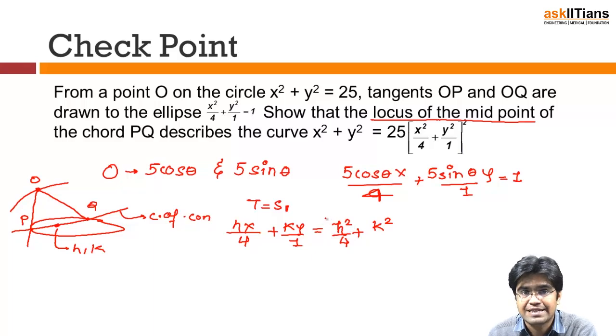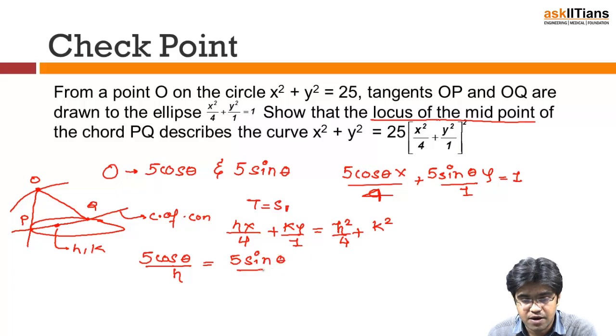Upon comparison, I can write 5 cos theta by h equals 5 sin theta divided by k equals 1 divided by h square by 4 plus k square.